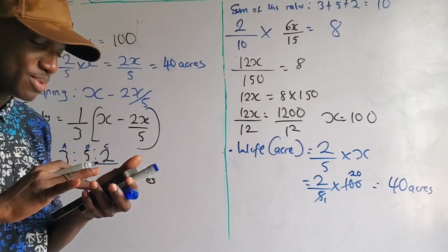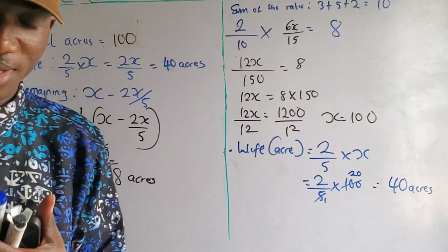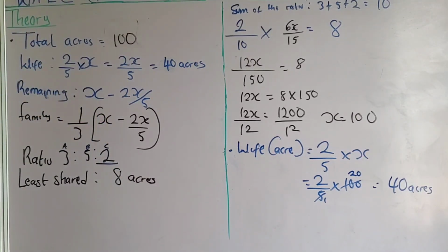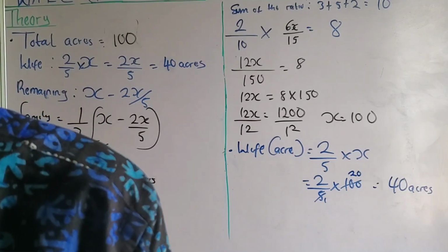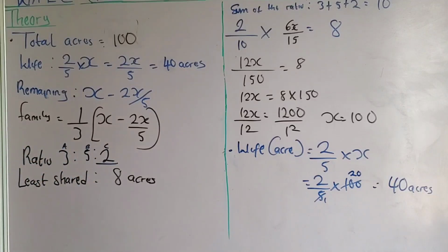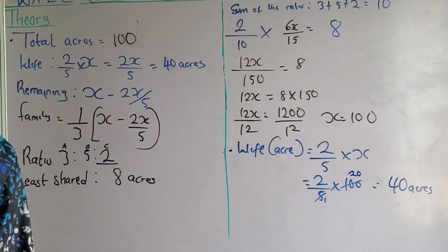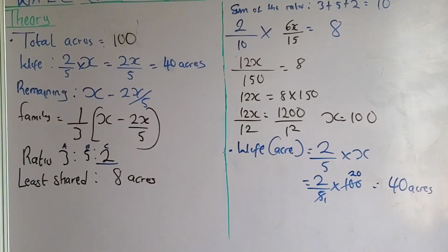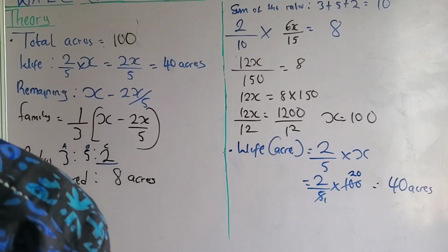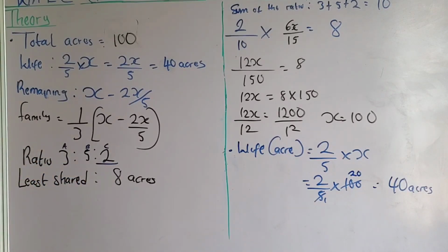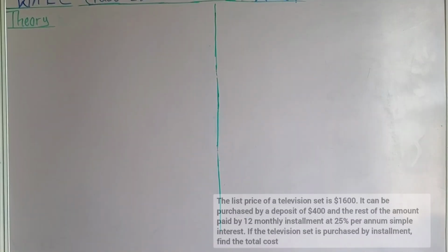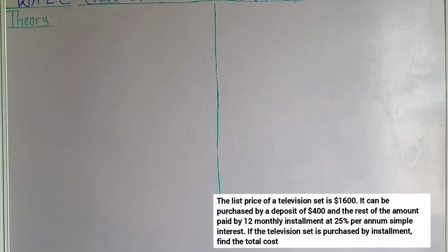Now let's look at question B under that same question. The list price of a television set is $1,600.